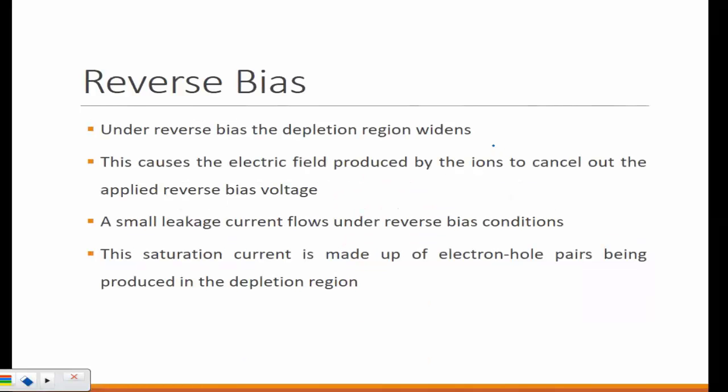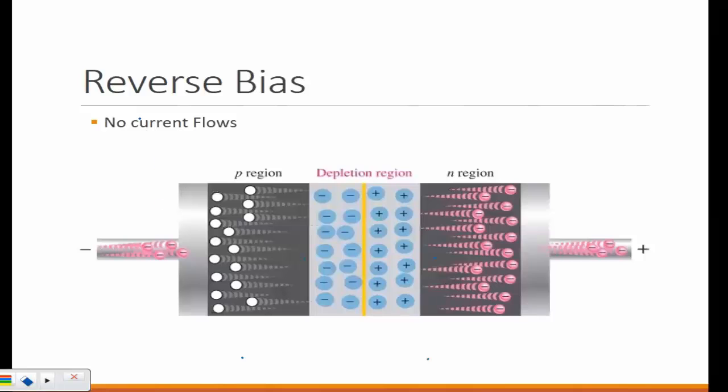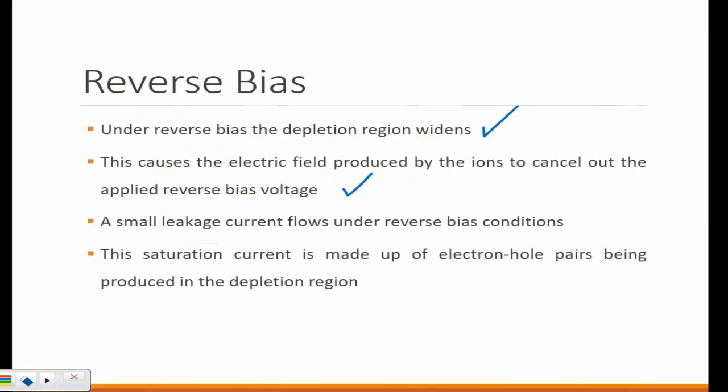Under reverse bias, the depletion region will grow in width. That's why there is no current. This causes the electric field produced by the ions to cancel out the applied voltage. Ideally, we say no current. For example, whenever we say reverse bias, perfectly no current. But when you put it to the test in practice, there is always going to be some current flowing, called leakage current.